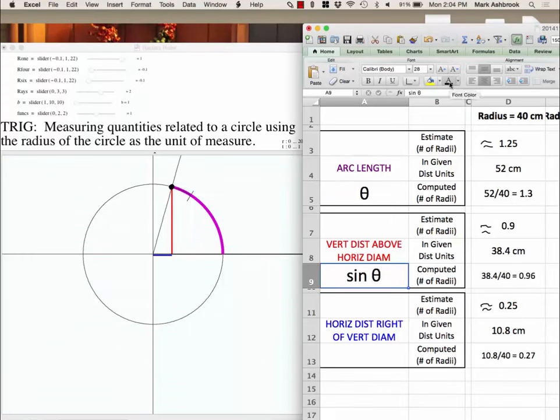That's what sine theta is. It's measuring vertical height of your resulting point using the radius length to do it. So right now the sine is 0.96. It's almost one full radius length because it's almost to the top. And then measuring the horizontal distance. Well, that's easy now, right?